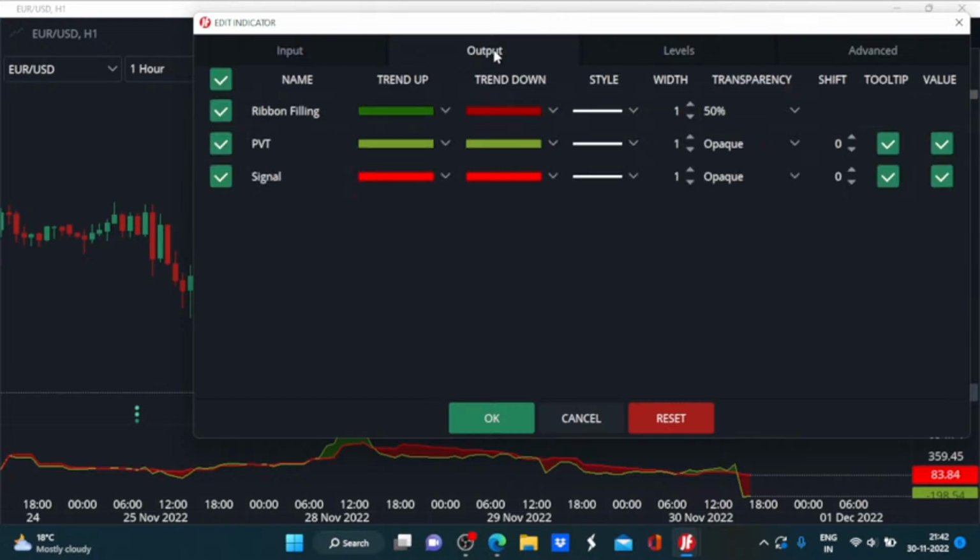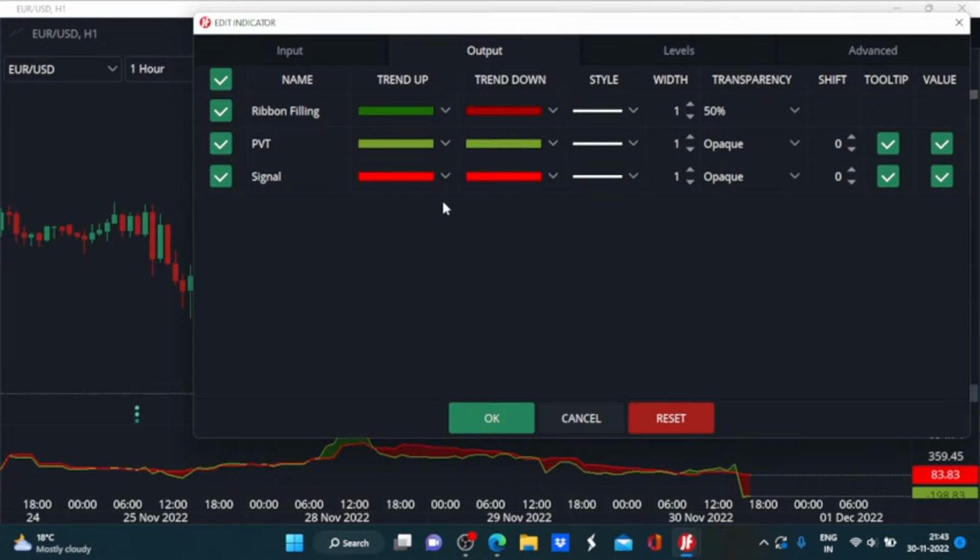Then comes the output parameter. Here you get to fill up the difference between the two lines, the PVT and signal lines. You have this mechanism to define the trend up and trend down color combination, the styling factor, weight, and also the transparency. So all these options are there, and the color combination can also be varied.